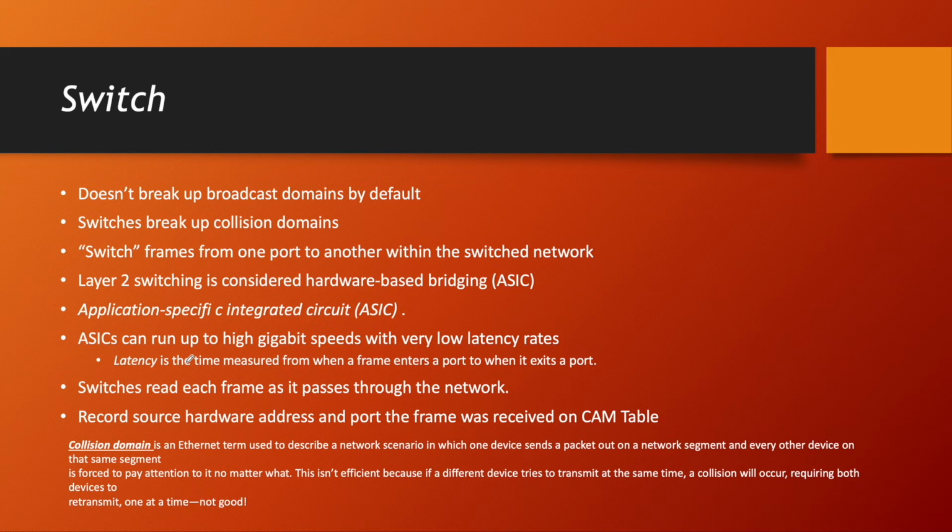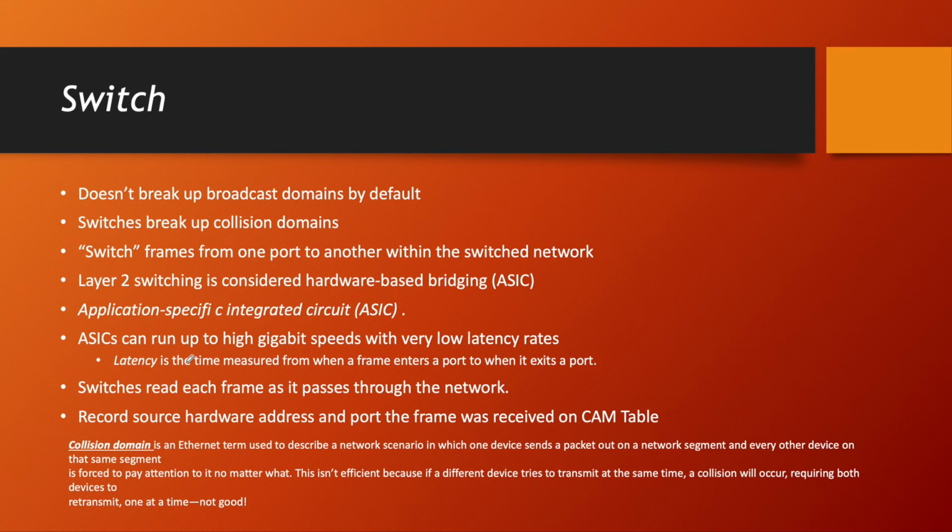A switch reads each frame as it passes through the network, which means the switch only reads the frame when it comes to the switch through an interface. So it doesn't read anything when it forwards it to the other interface. The only time a switch reads it is when it comes in. And it records the source hardware MAC address.